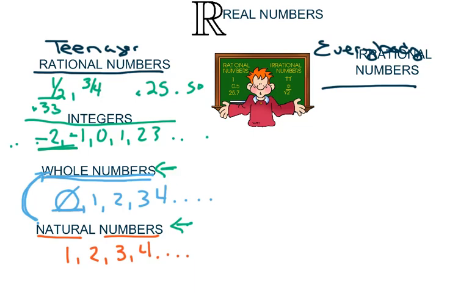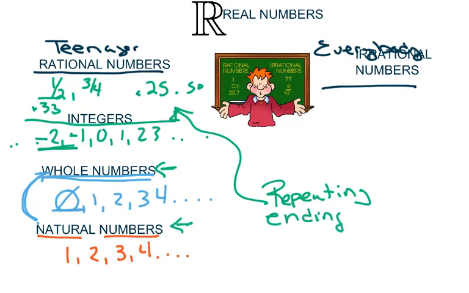These fractions, when you divide the bottom into the top, you get a decimal. Those decimals can be repeating or ending.